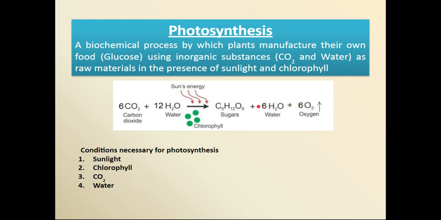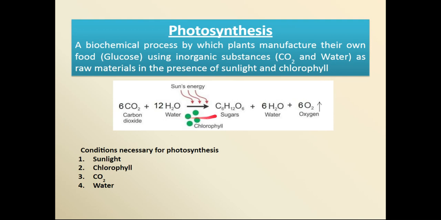So you have to place water molecules on both sides, that is 12 water molecules on the reactant side, and on the product side as well, 6 water molecules are released by the process of photosynthesis. So you have to understand this equation.